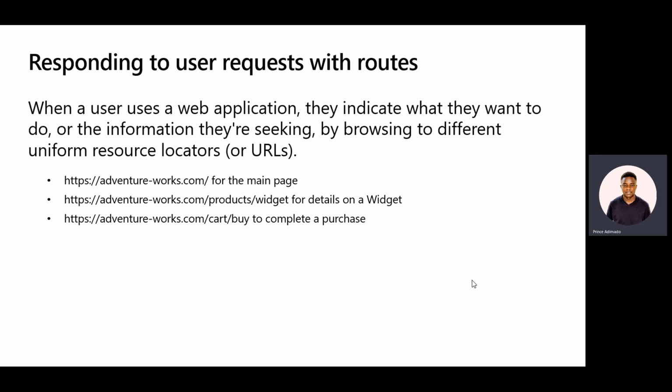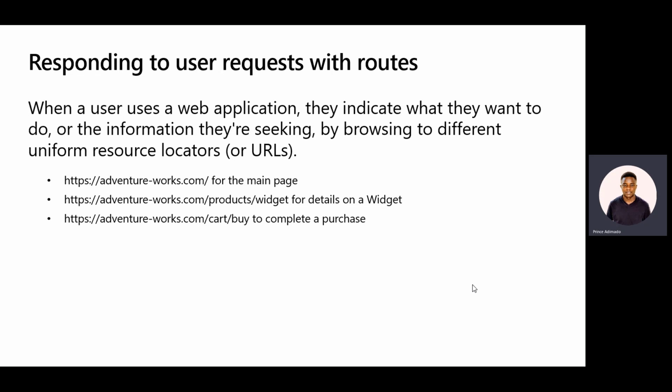For this section, say we have the URL adventureworks.com. The user might type the address or select a link or a button that includes the appropriate URL. On an e-commerce site, you may have URLs like adventureworks.com, which is the home page; adventureworks.com/product/widget, which shows the details of the widget; then adventureworks.com/cart/buy, which is used to complete a purchase.